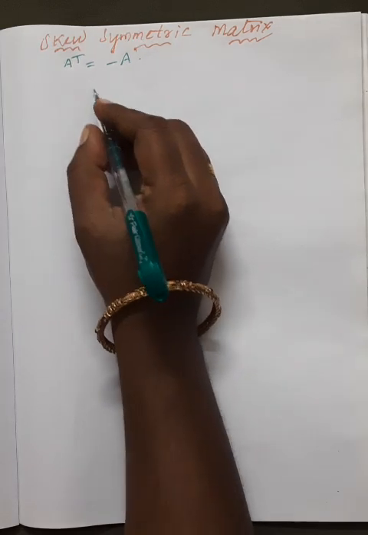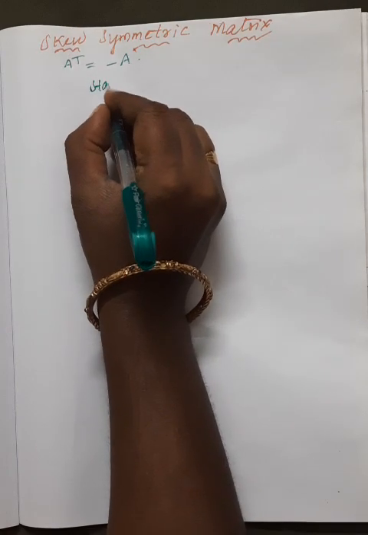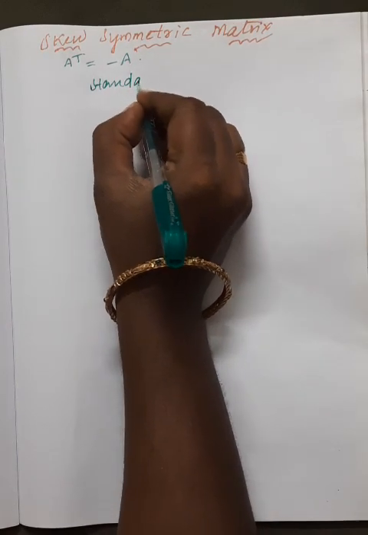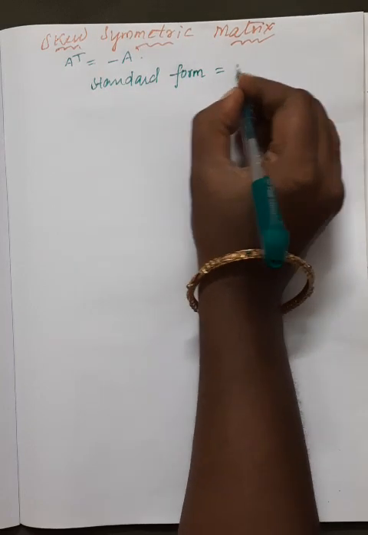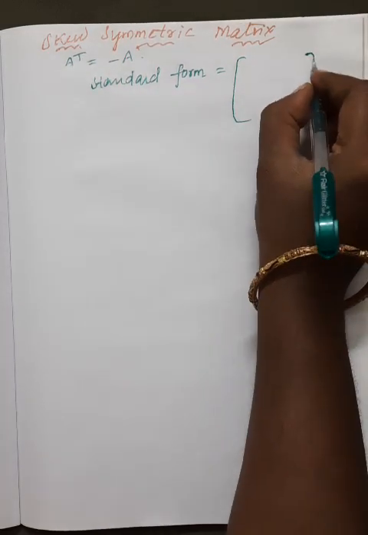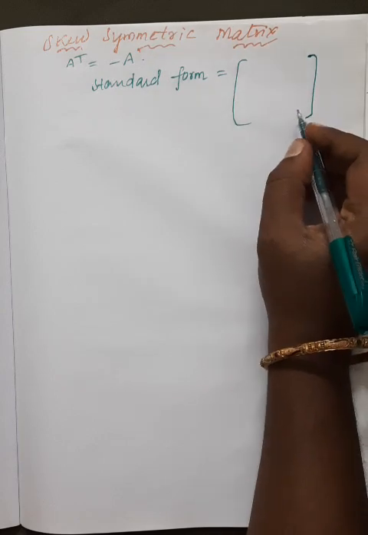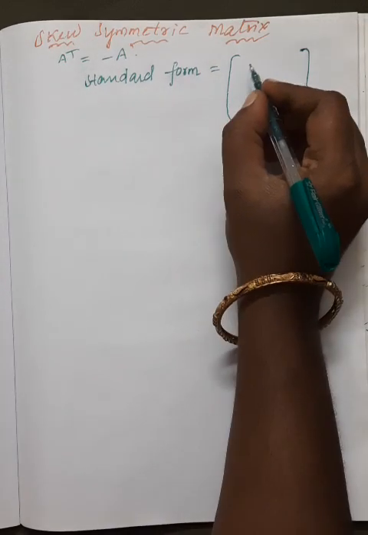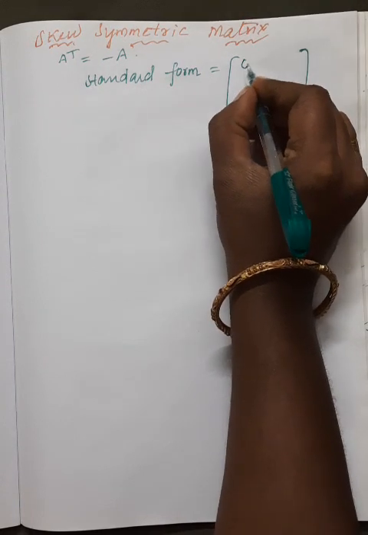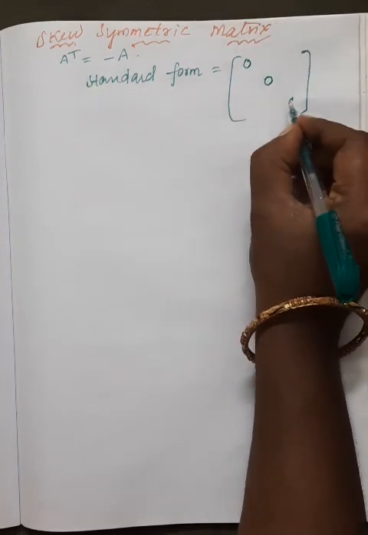So here the standard form is, if we remember one standard form, then we can create any number of skew symmetric matrices. So here 0, 0, 0.